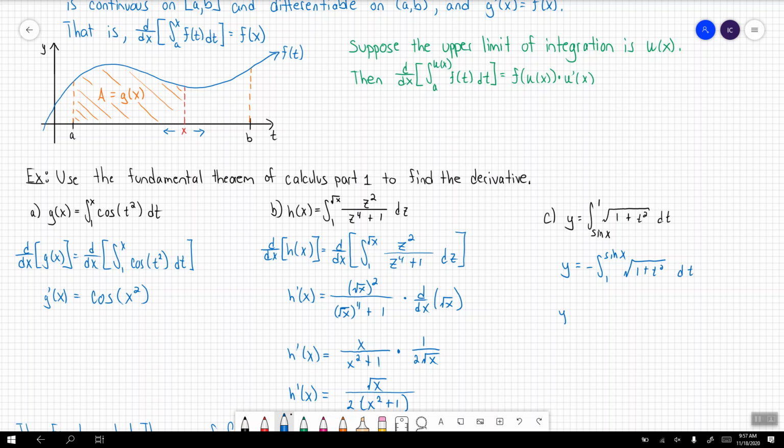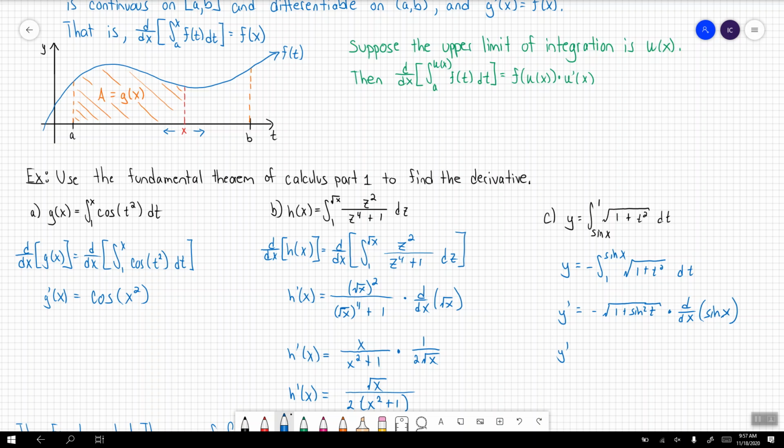Now I can take the derivative. Taking the derivative of this integral, again, will result in the integral itself. So that's going to be negative 1 plus sine squared of t. And then I'm going to have to multiply by the derivative of sine of x. And again, that's because my upper bound is not x itself, it's a function of x.